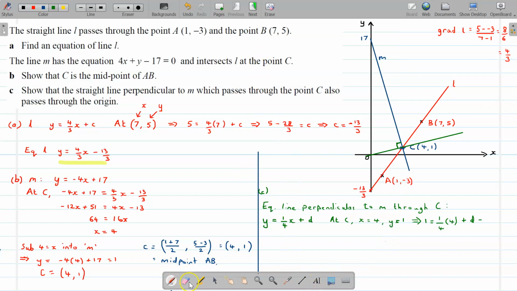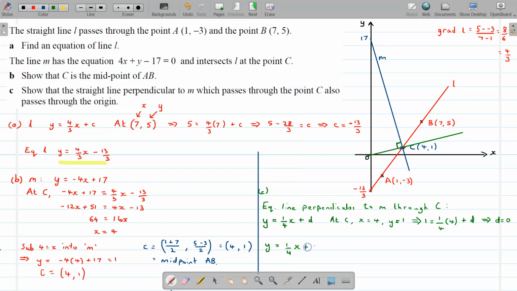Well, a quarter of 4 is 1. So 1 equals 1 plus d. For that to be true, d must be 0. That means the equation of the line is y equals a quarter x plus 0.